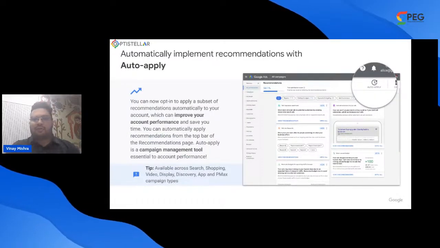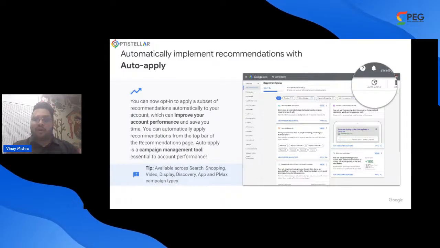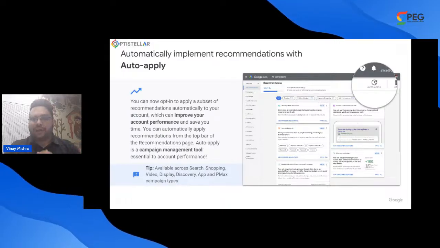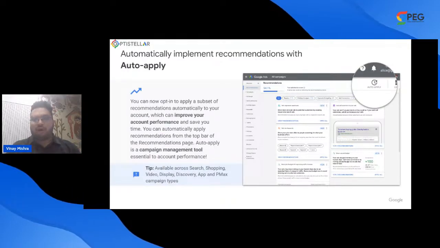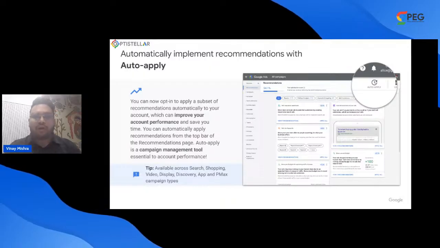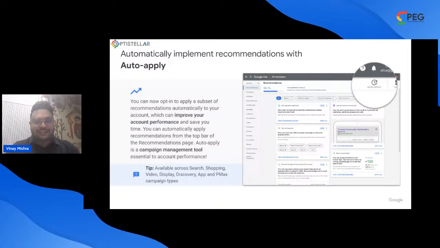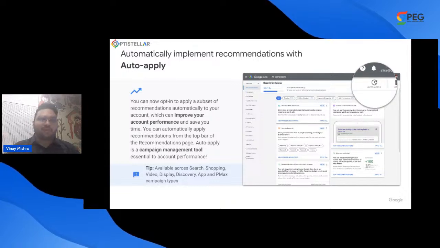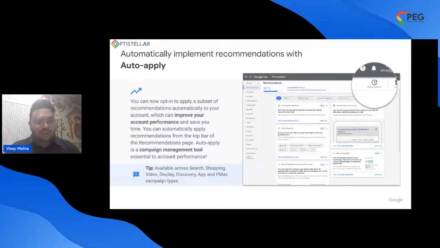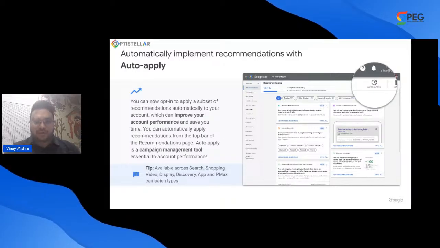Now, as we know, there could be more than 120 plus recommendations. This is something very important to make a note of. There are higher chances that there are more than 120 recommendations if your account is new. If it is, there are a lot of opportunities for your account to be optimized, right?